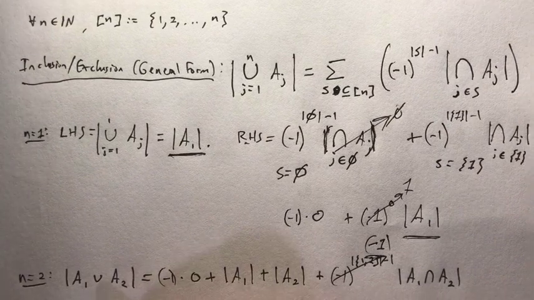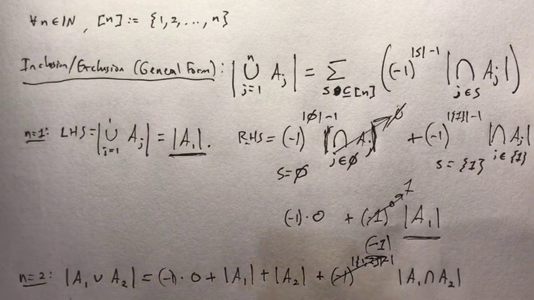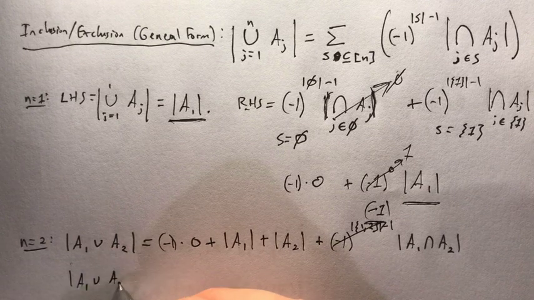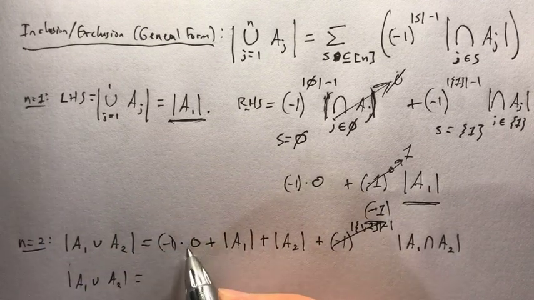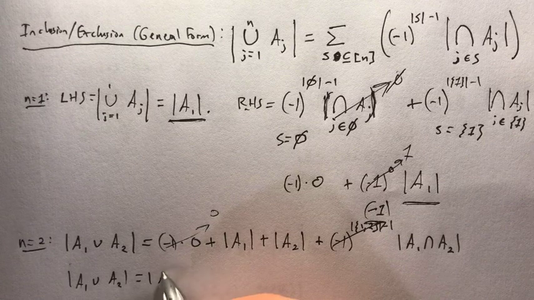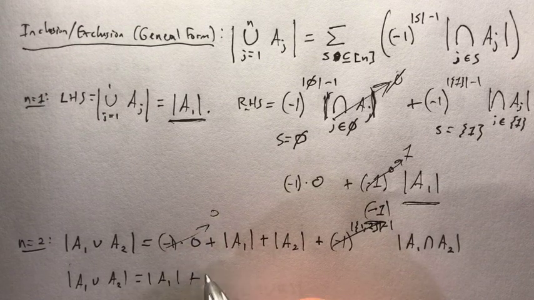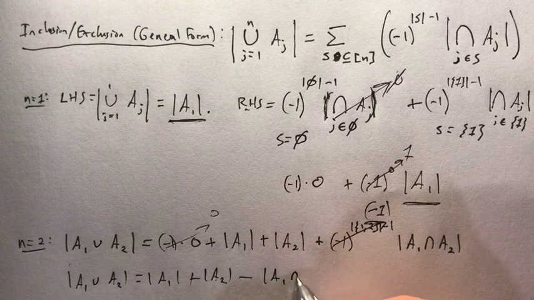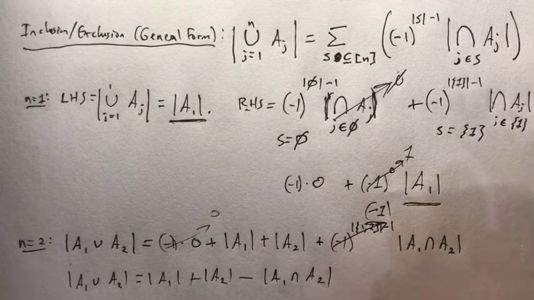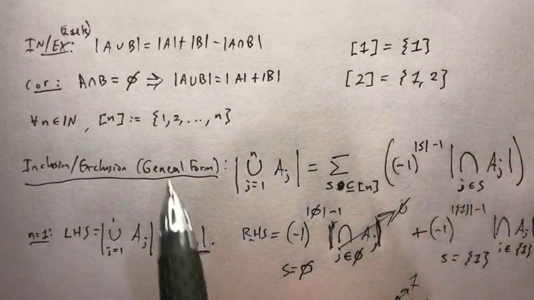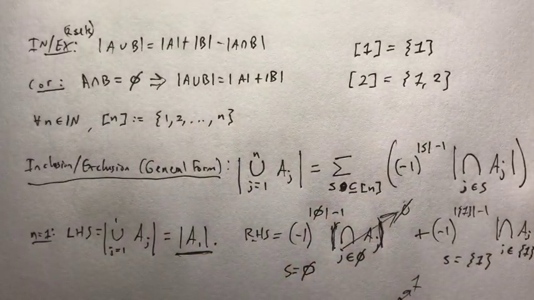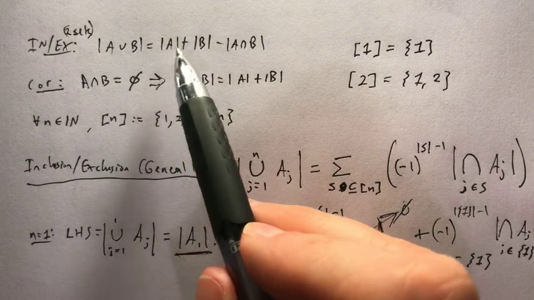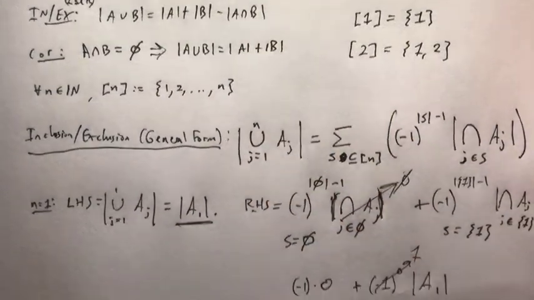And then for n equals 2, just rewriting, A1 union A2 is equal to 0 plus the size of A1 plus the size of A2 minus the size of their intersection. And we notice that this agrees with the initial statement that I gave you for inclusion-exclusion, that the size of A union B is the size of A plus the size of B minus the intersection.